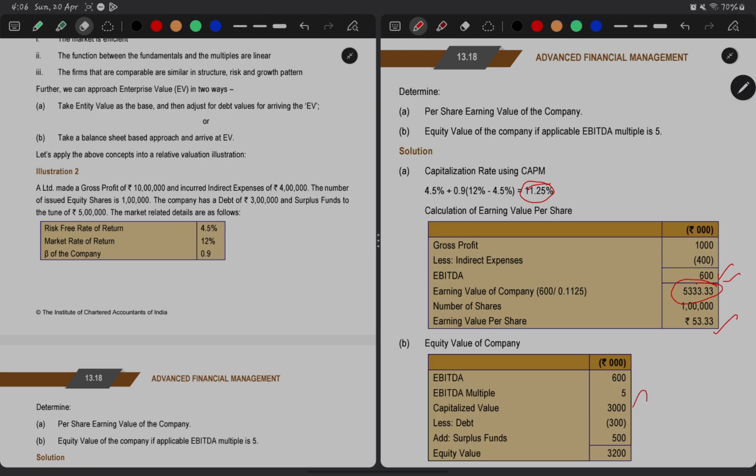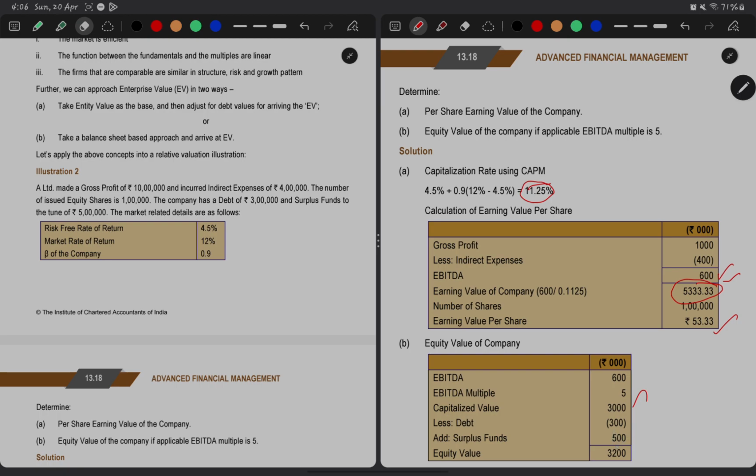And we need equity value of company, so all the other portion, debt and all, we have to remove. So we know that the debt is 3 lakh, and the surplus fund, which is cash balance, is 5 lakh. So we reduce the debt portion of 3 lakh, and then add the surplus funds. Why do we add the surplus funds?